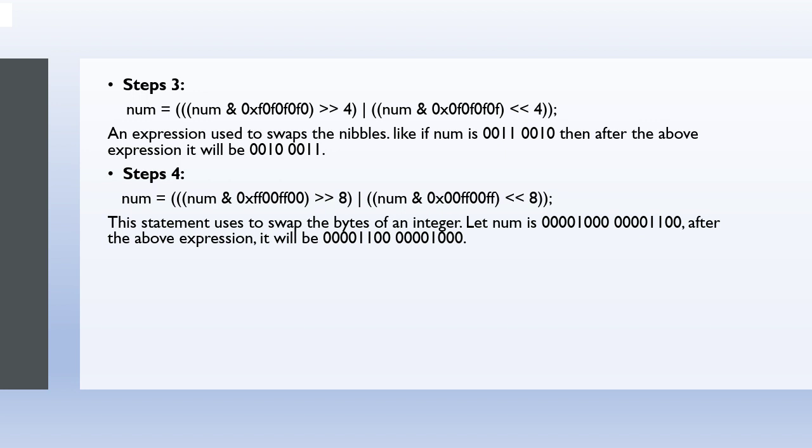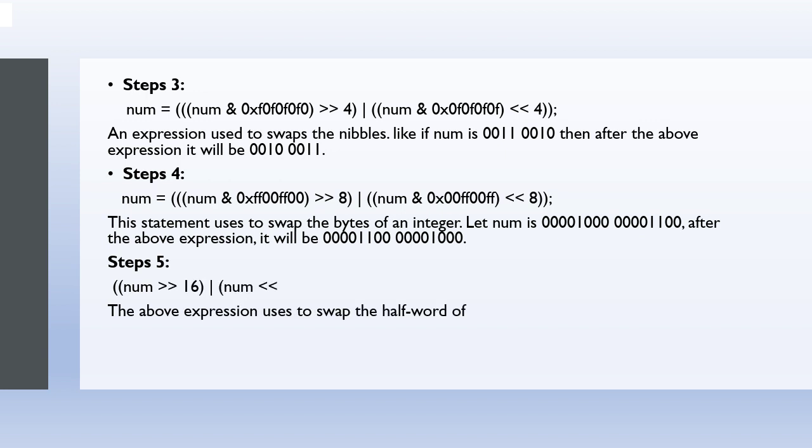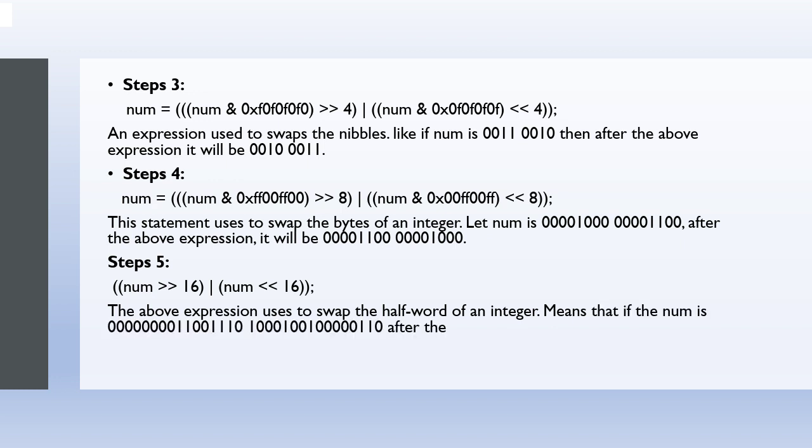After this happens, we can go ahead with step 5, swapping the half word of an integer, something like num right shift by 16 times. Here you don't require any masking, just right shift and left shift and make an OR expression.